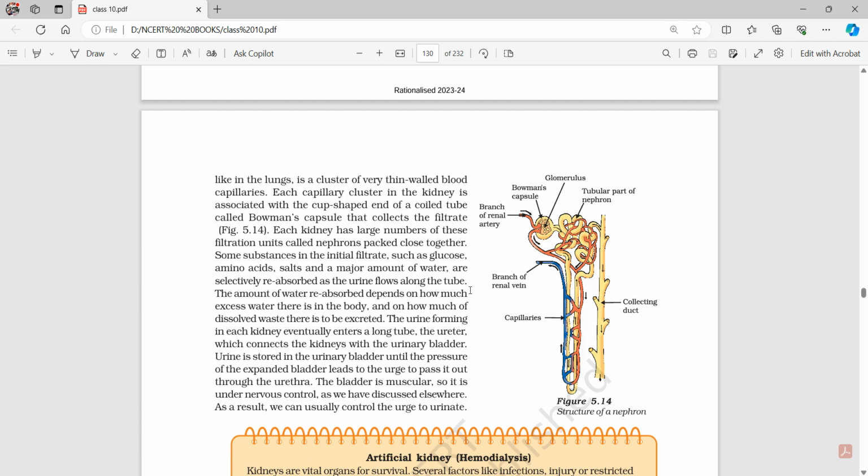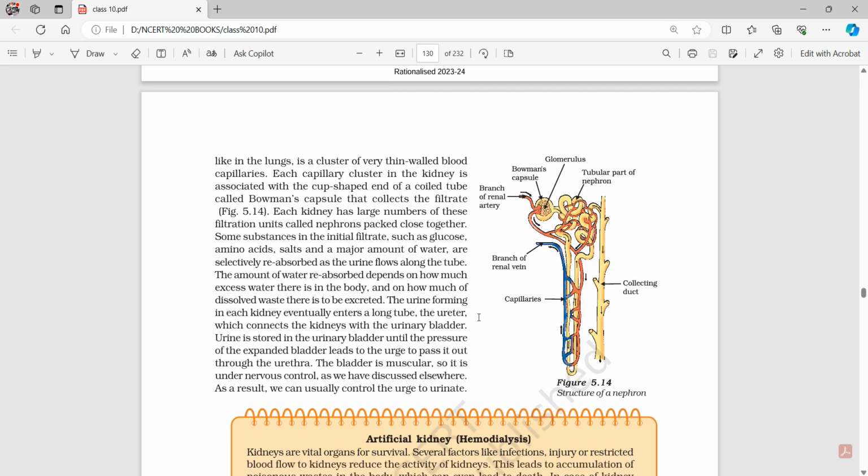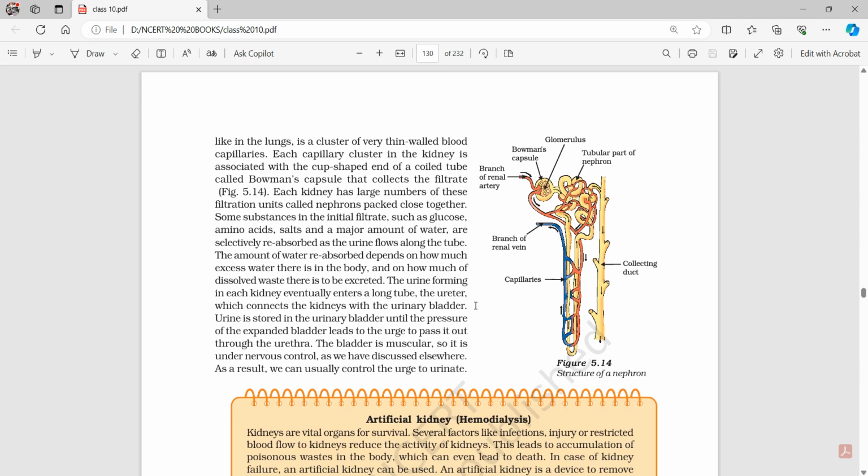Some substances in the initial filtrate, such as glucose, amino acids, salts, and a major amount of water, are selectively reabsorbed as the urine flows along the tube. The amount of water reabsorbed depends on how much excess water there is in the body and on how much dissolved waste there is to be excreted. The urine forming in each kidney eventually enters a long tube, the ureter, which connects the kidneys with the urinary bladder.